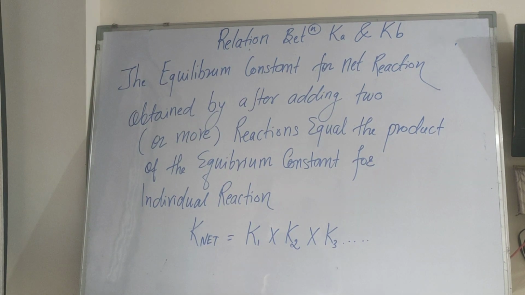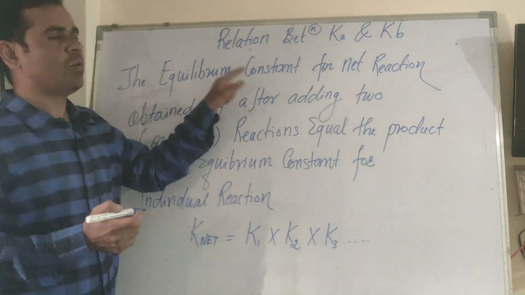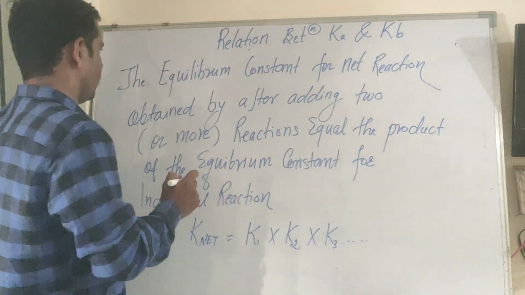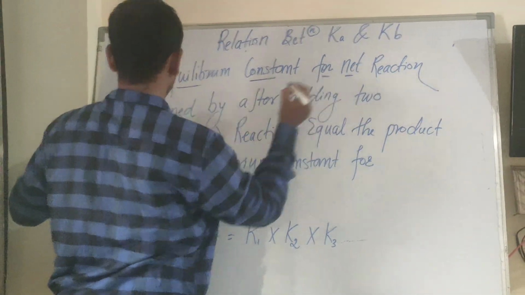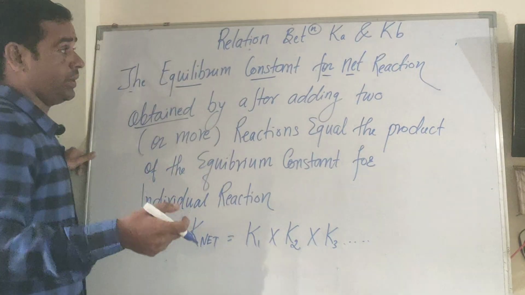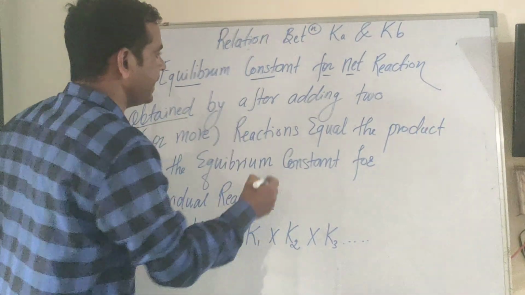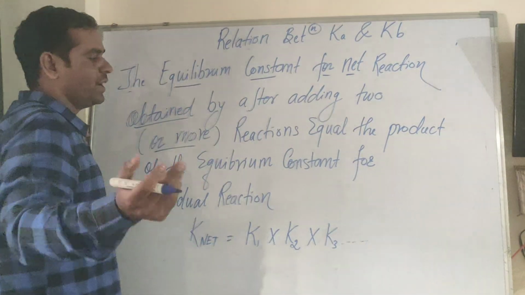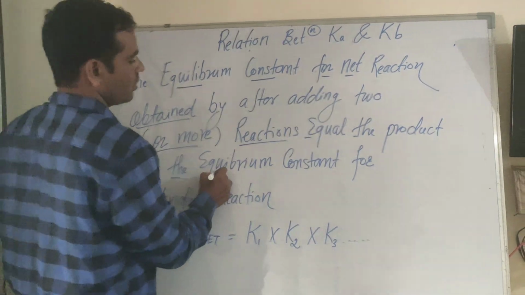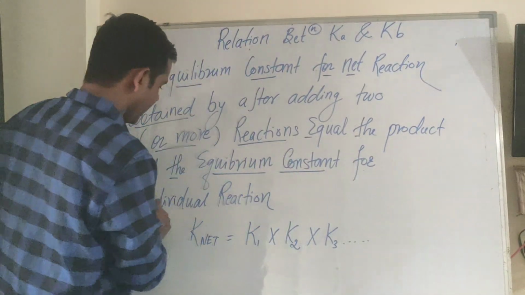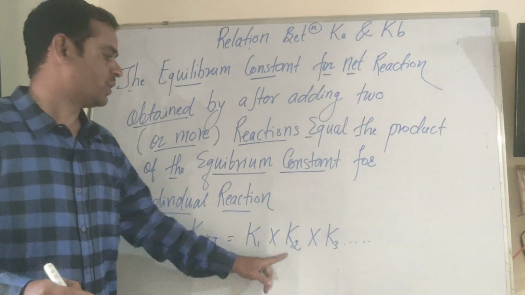Using this relation, we can say the equilibrium constant for a net reaction is obtained by adding two or more reactions, and it is equal to the product of the equilibrium constants for the individual reactions.